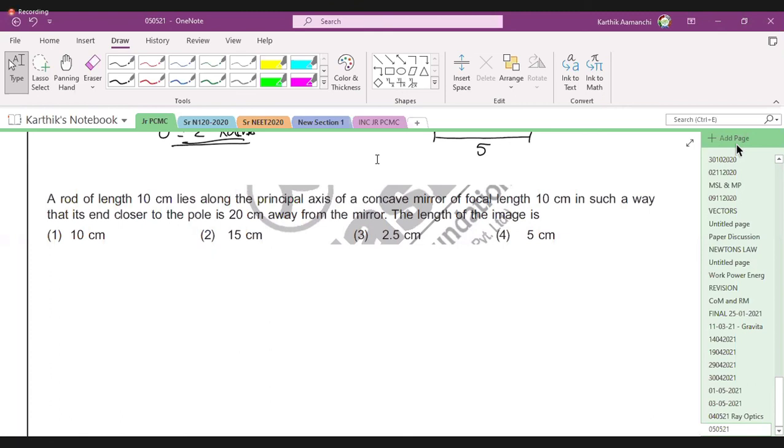Is it 10 centimeters? I don't have to calculate.